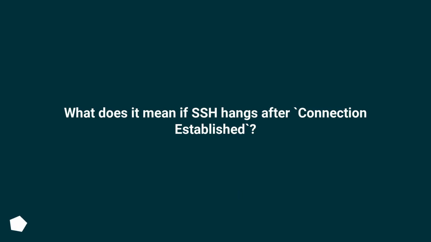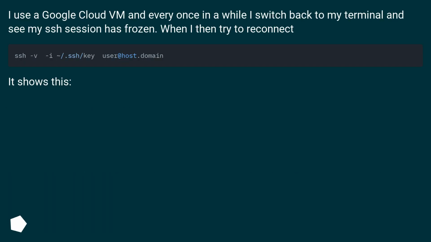What does it mean if SSH hangs after connection established? I use a Google Cloud VM and every once in a while I switch back to my terminal and see my SSH session has frozen. When I then try to reconnect, it shows this.